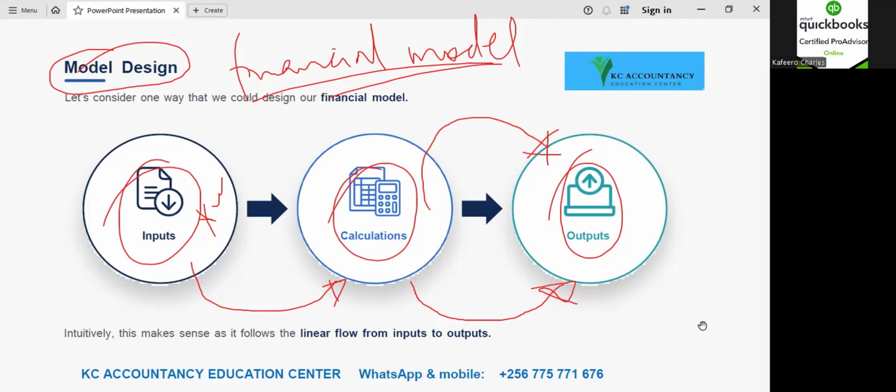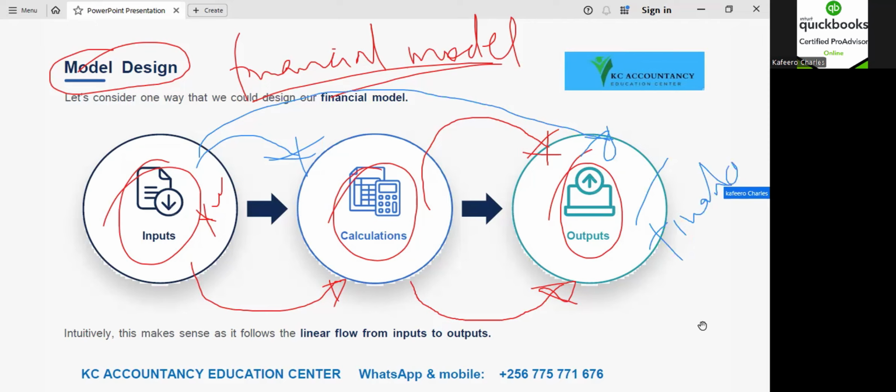So intuitively, we are going to go through a linear or chronological fashion from the inputs all the way to these outputs. So the model outputs, these are going to be our financial model, the outputs that we've gotten.